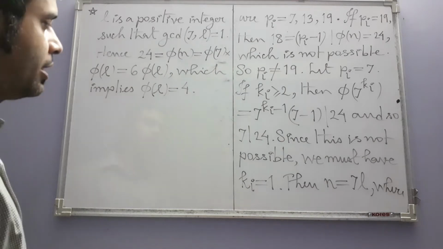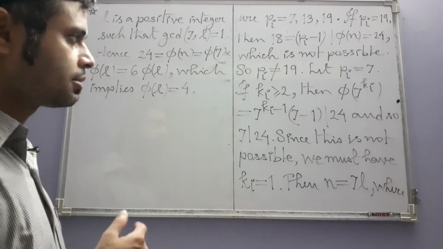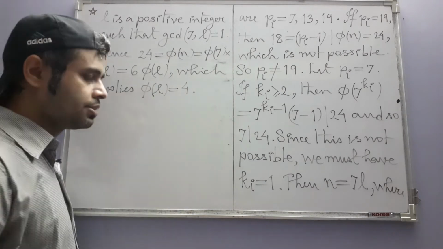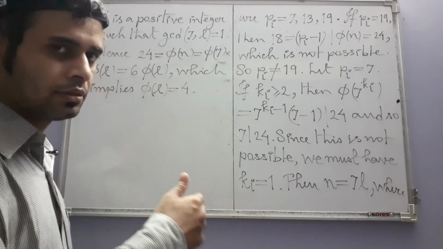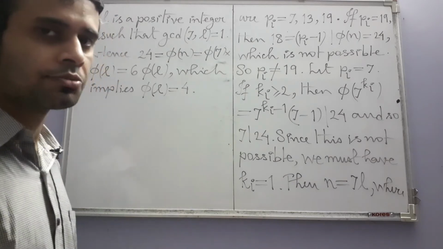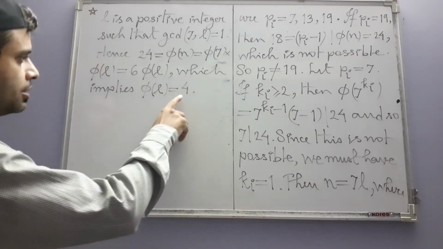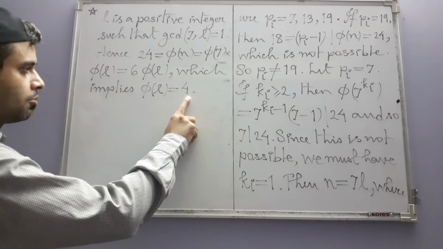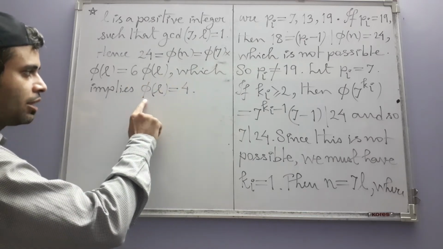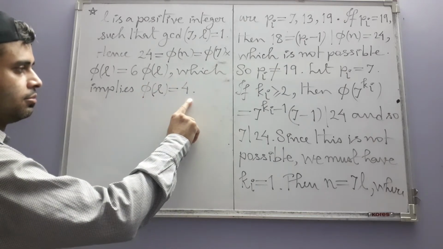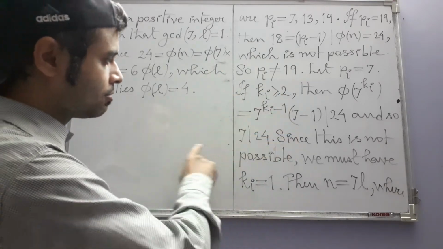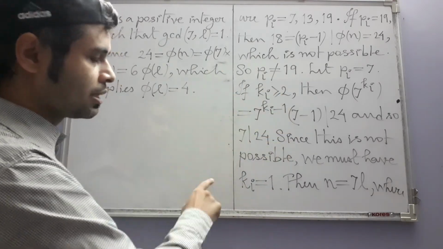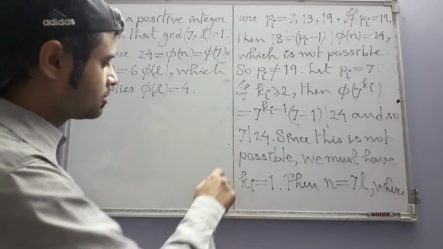Now, if we can find those positive integers L for which phi of L is 4, then we already have some options for n. This is a much easier situation than actually finding those n's for which the phi value is 24.